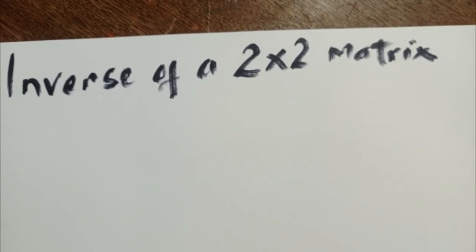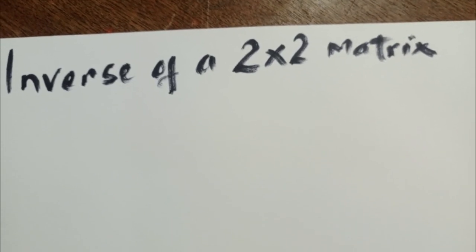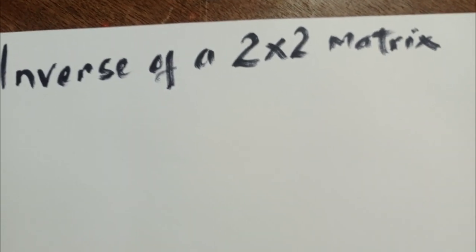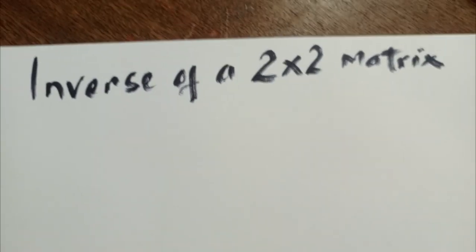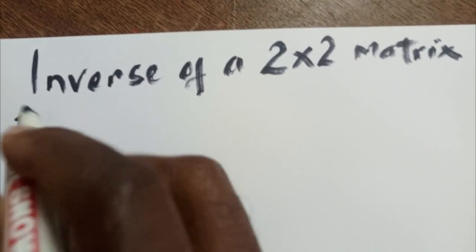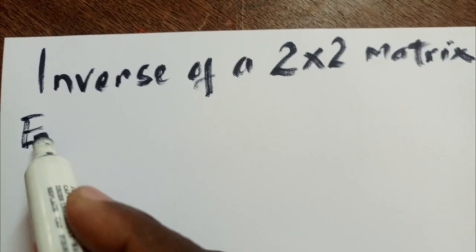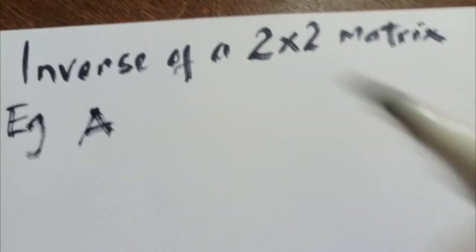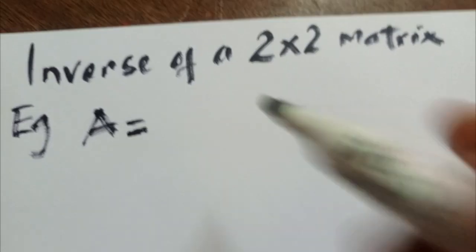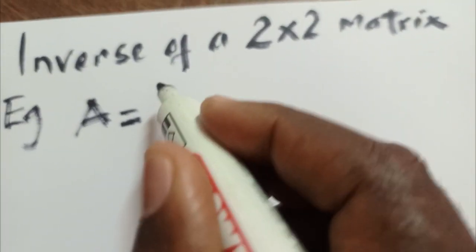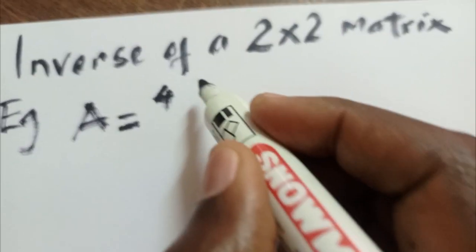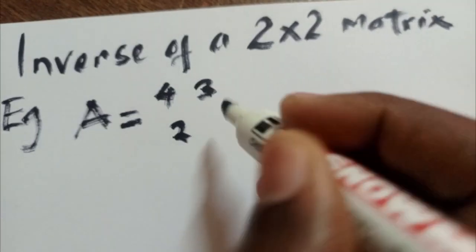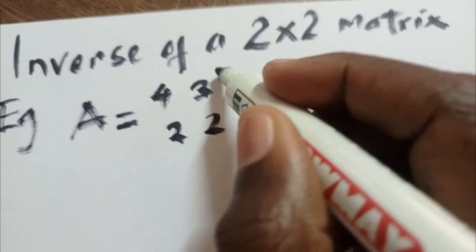Now today I want us to look at how to find the inverse of a 2 by 2 matrix. For example, you could be given a matrix, say by name A, which is 4, 3, 2, 2.